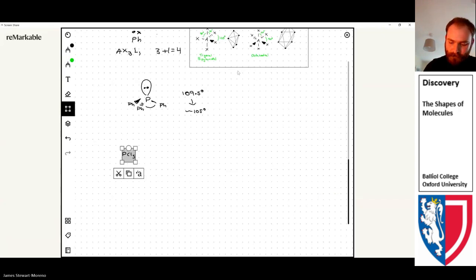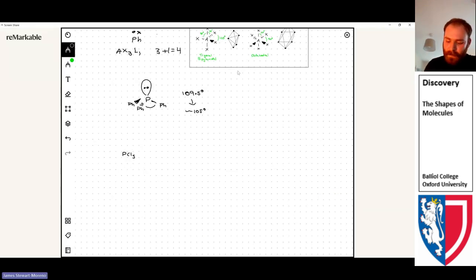Okay. PCl5. Again, we're dealing with phosphorus, which is in group 5 on your periodic table. That means that it has 5 electrons that it wants to form. Fluorine is in group 7 on your periodic table, which means that it is phosphorus dangerous.